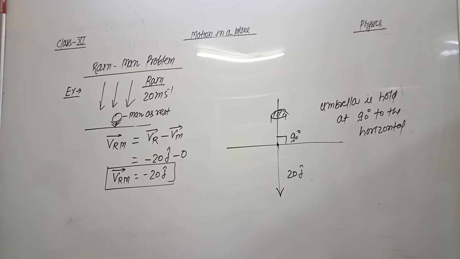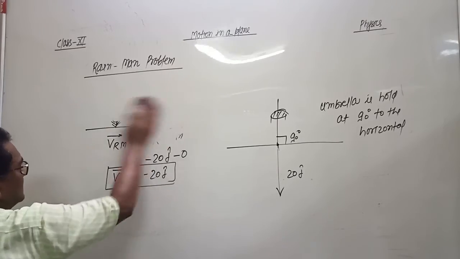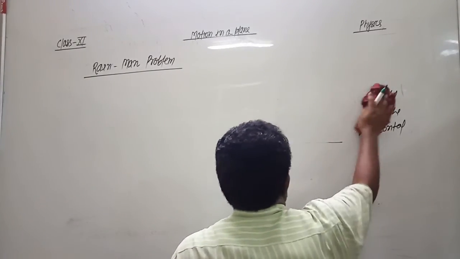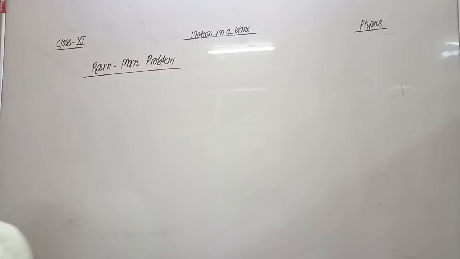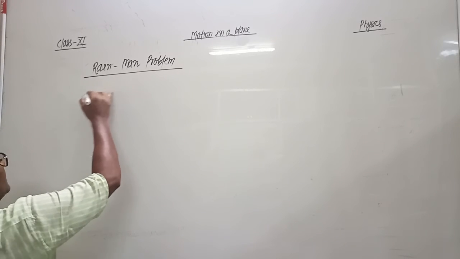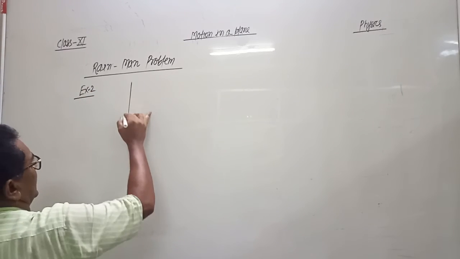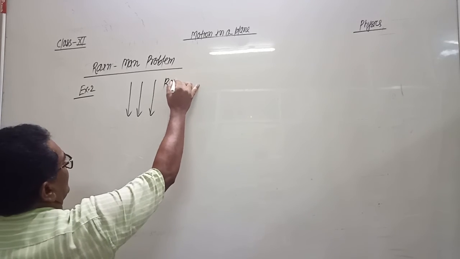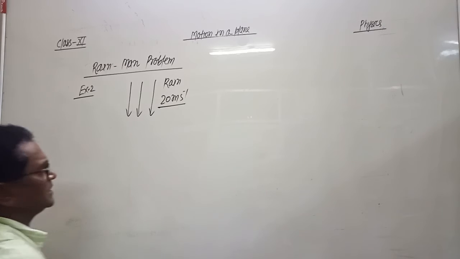Now let us discuss another case. In the second case, the man is in a moving condition. Then what happens? Case two, example 2. Rain is falling vertically downward with a velocity of 20 meters per second.